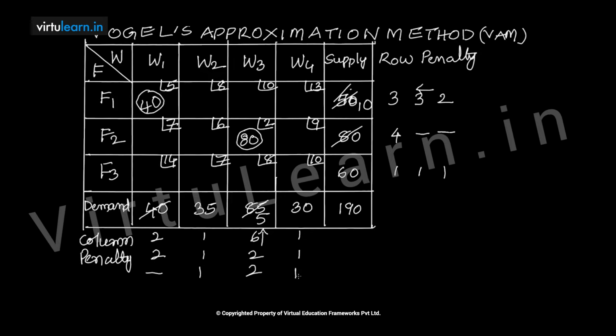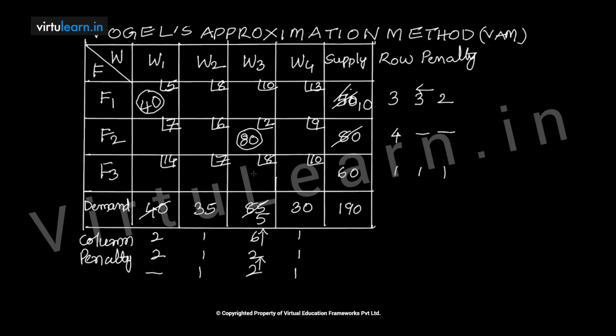So here we have 2, 1, and in the column penalties 1, 2. We'll make the allocation. So here we will take any 2 we can take, it is our choice. Arbitrarily we can make 2, these 2.